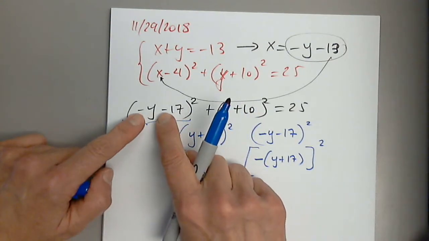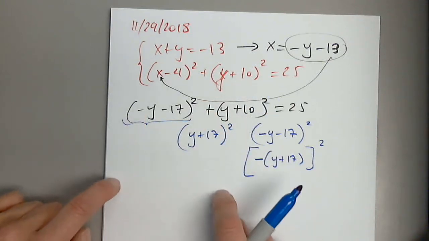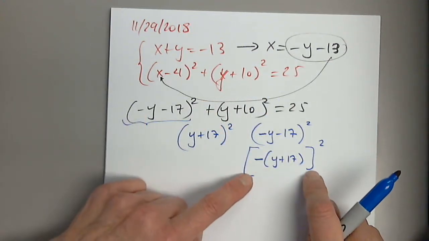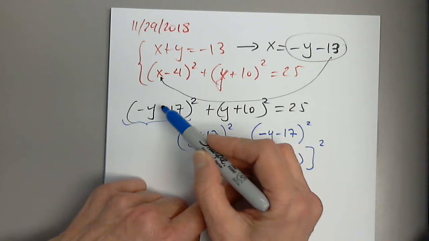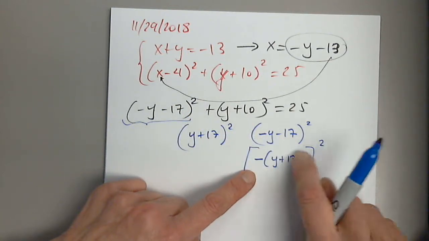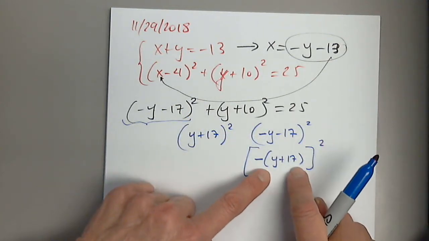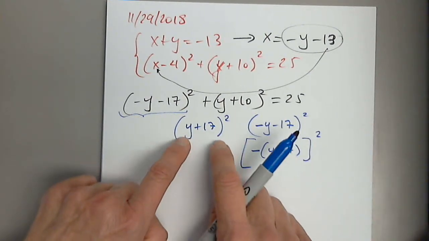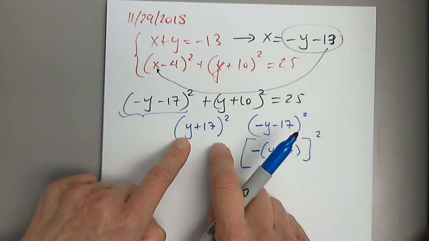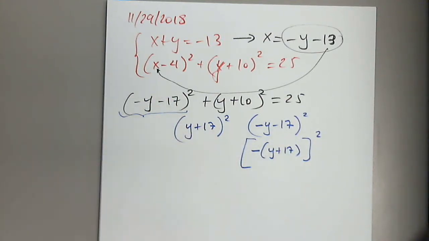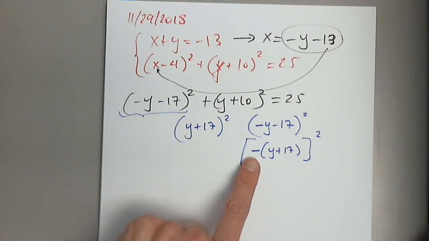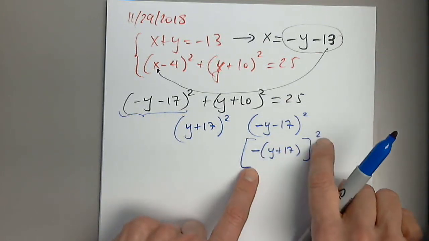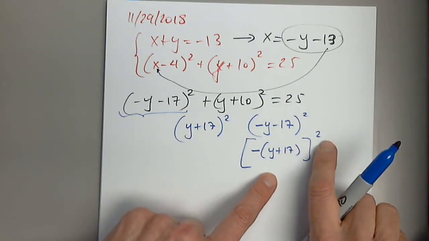Once both of them are negative and you square, all terms will be positive. I can factor out negative 1, and then negative 1 squared will be positive 1, and I'm still left with y plus 17 squared. This will not happen if only one of them is negative. If only one is negative, then the middle term will be negative. But since in this case both are negative, just imagine that you factor out negative 1. Negative 1 squared will be 1, and then you're still left with y plus 17 squared.